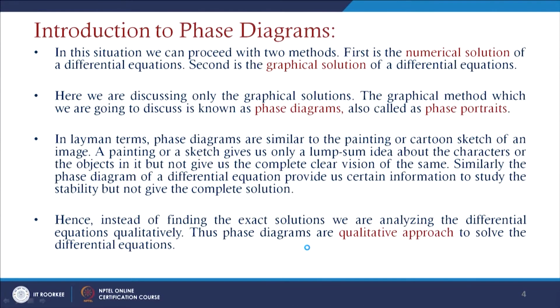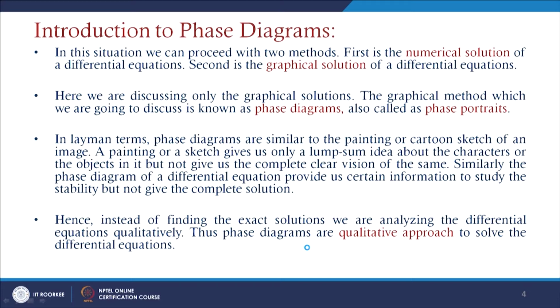So if we cannot handle complex differential equations easily to find stable or unstable conditions at the steady states, it is difficult to go for a solution process where we find solutions in complete form. So for that we go for phase diagrams.